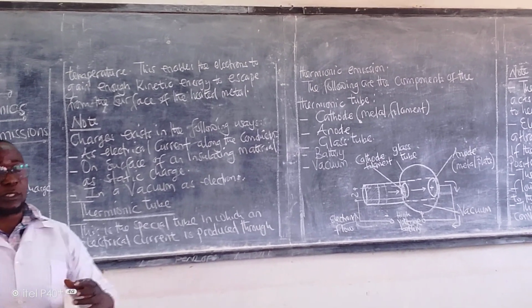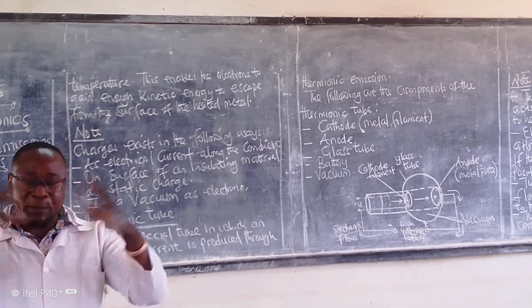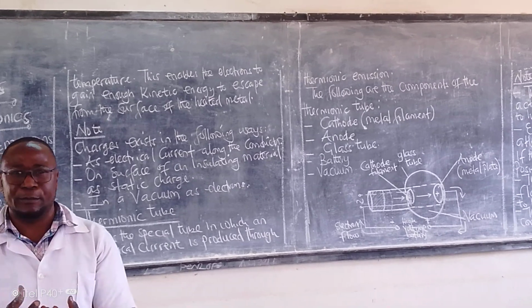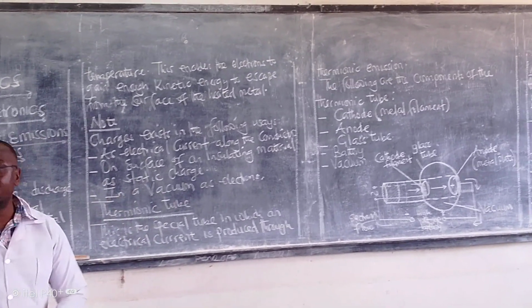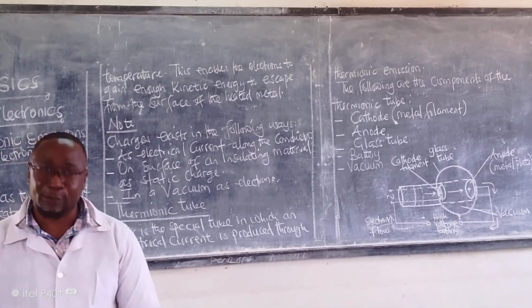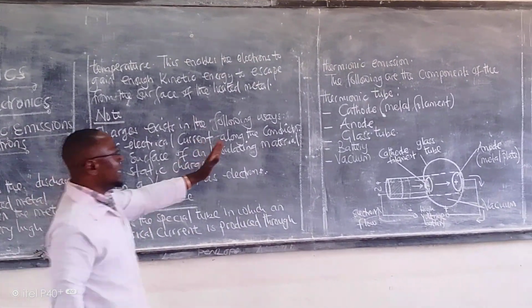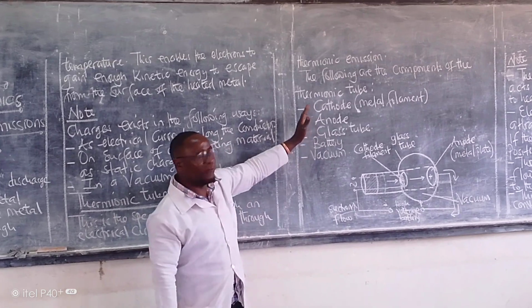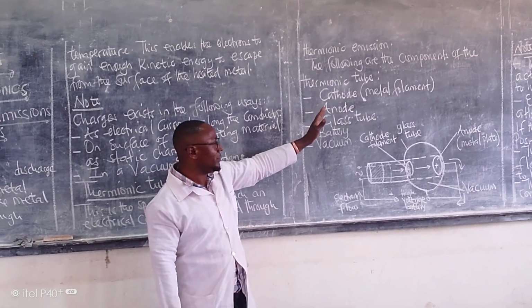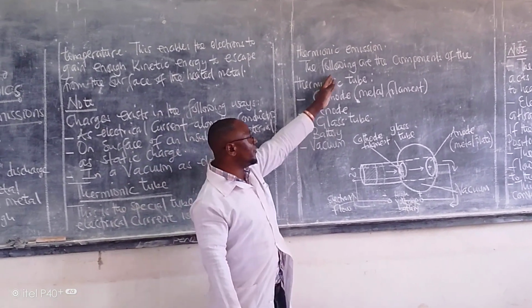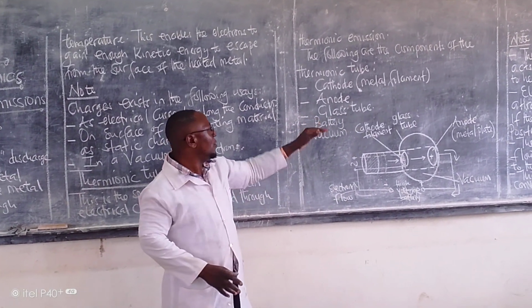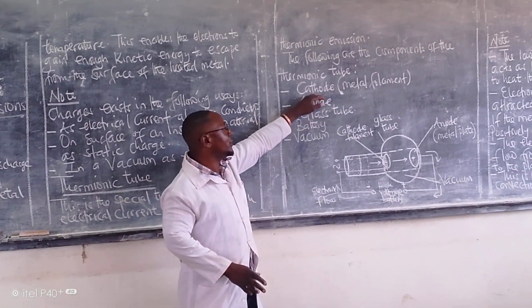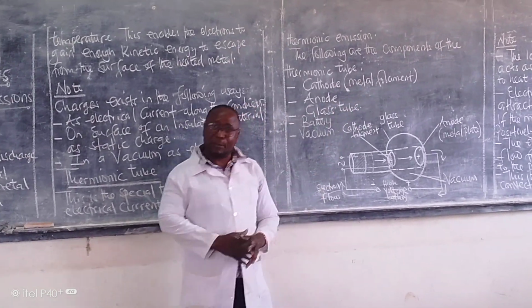Third, it has the glass tube, which encloses the vacuum. And the last one, it is also made up of the battery as well as the vacuum itself. So these are the components of the thermionic tube. One, we have the cathode, which is also called the metal filament.